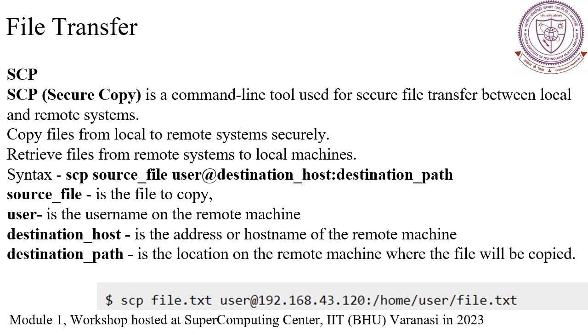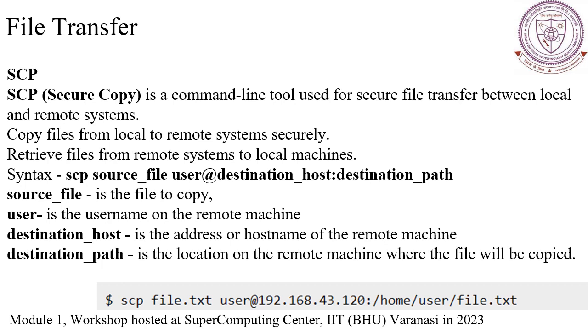Then I will put a colon and the path of the directory where I have to paste it, that is, slash home slash your username slash the folder where I want to copy that file. So what it does is it copies my file.txt. Here one example I have given.